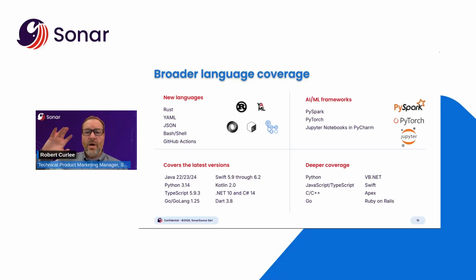And then on the bottom right, I could talk about all the rules, but there are dozens and dozens of new rules, being able to find new issues in Python, JavaScript, TypeScript, C, C#, Go, VB.NET, Swift, Apex, Ruby on Rails. So tons and tons of movement in being able to support more languages and the libraries that you guys need.